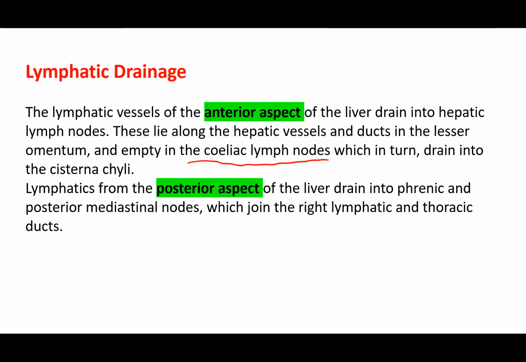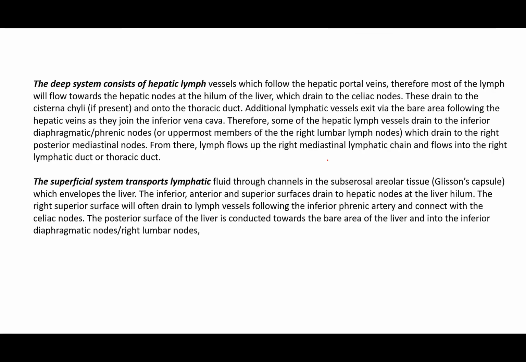The lymphatics from the posterior aspect of the liver drain into the phrenic and posterior mediastinal nodes, okay, which join the right lymphatic and thoracic ducts, okay? So this is more detail of the lymphatic drainage of the liver.